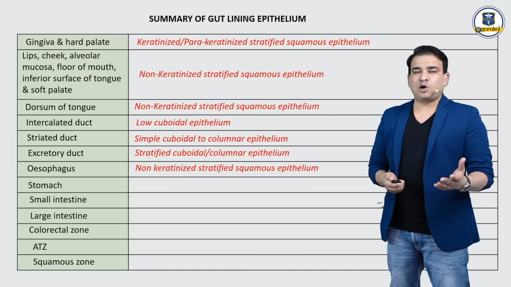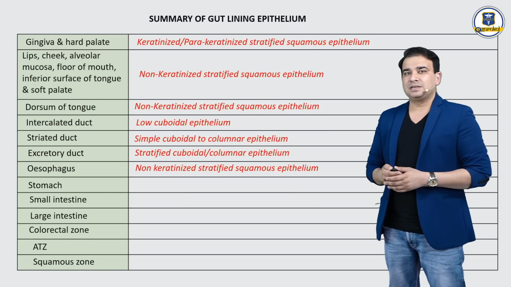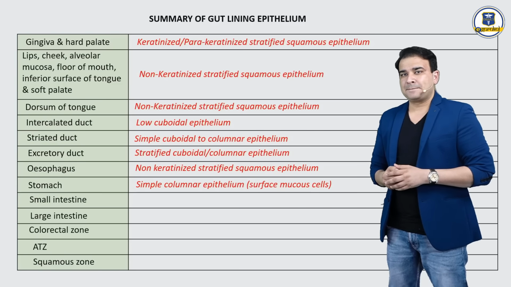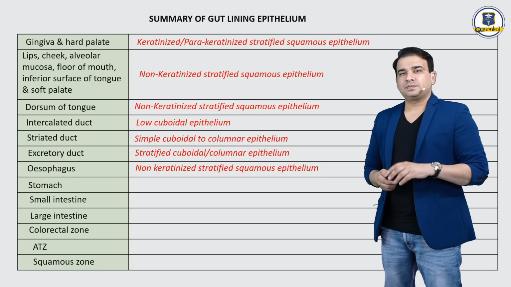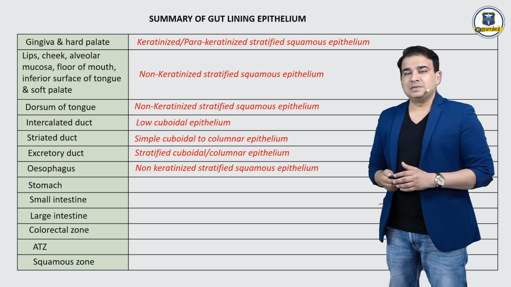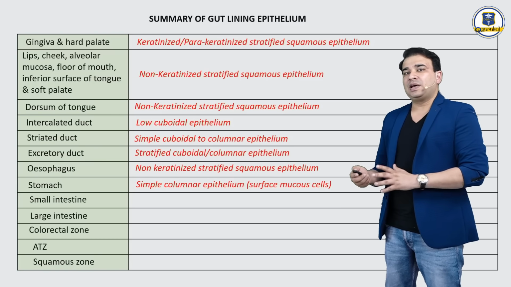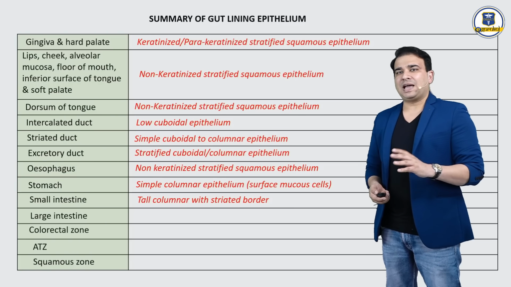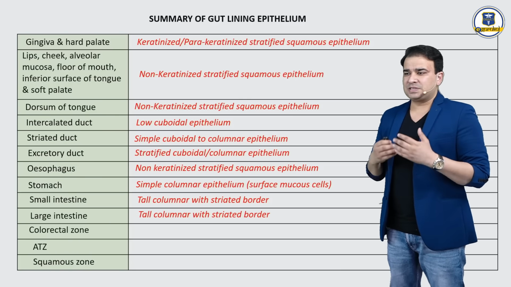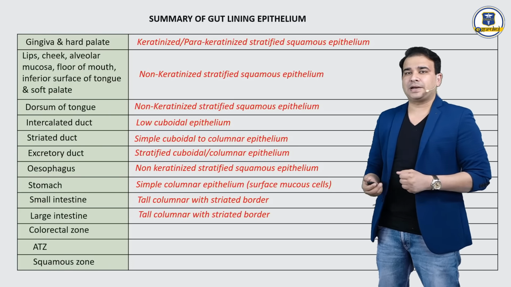Stomach, the simple columnar epithelium with the cell having the glycocalyx on the surface. Stomach, again having a simple columnar epithelium. Small intestine is also having a columnar epithelium but with a striated border, right? And so is the same epithelium we have in the large intestine as well. But as we said, the number of goblet cells will keep on increasing as we go from the small toward the large intestine.